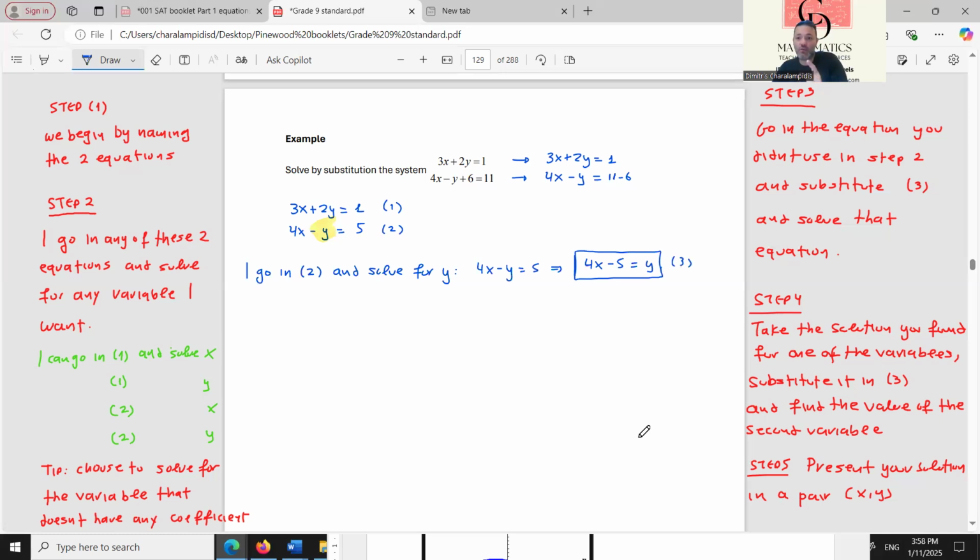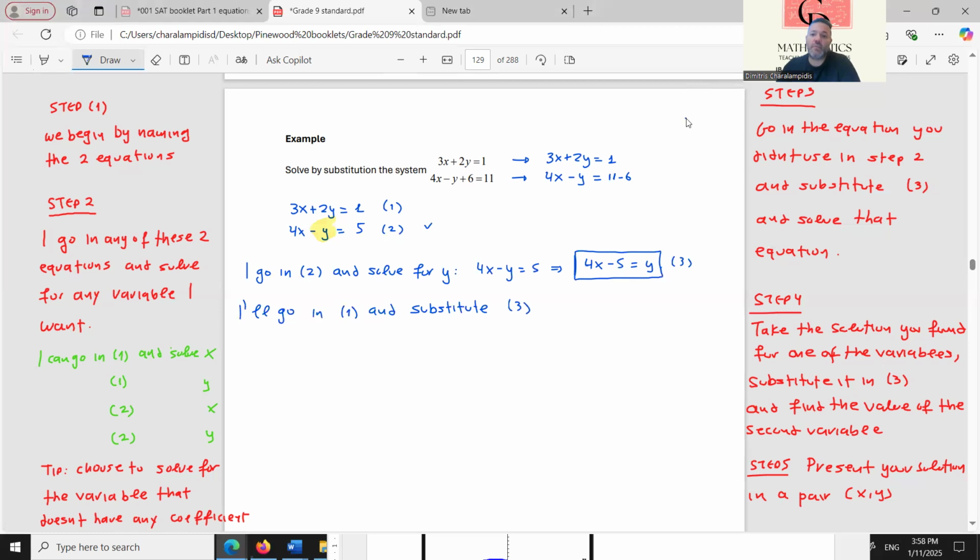Remember that I want to solve for y, not just for minus y. Then, in the second step, I used number 2. So now, I'll go in 1 and substitute the third one.